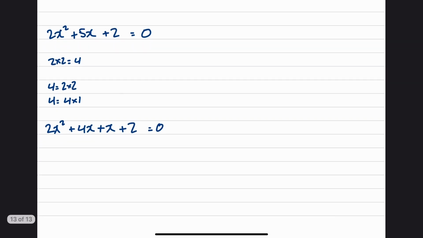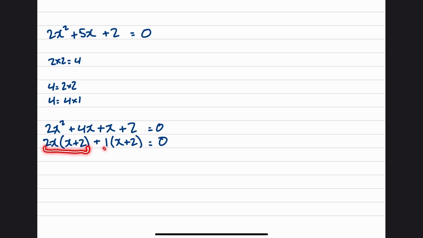And then we look for common terms and then we factorize it. So the common term between these two would be 2x. So we factor out 2x, and what's left inside the bracket is x plus 2. And since these two terms have nothing in common, we just factor out 1 and x plus 2 in the bracket.